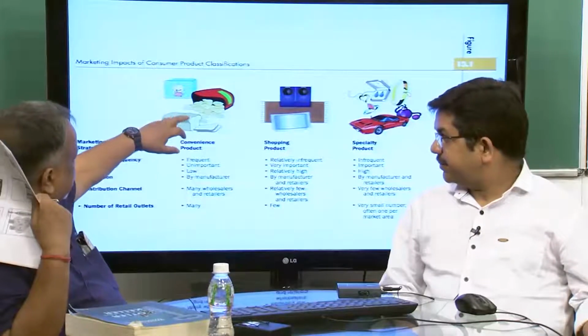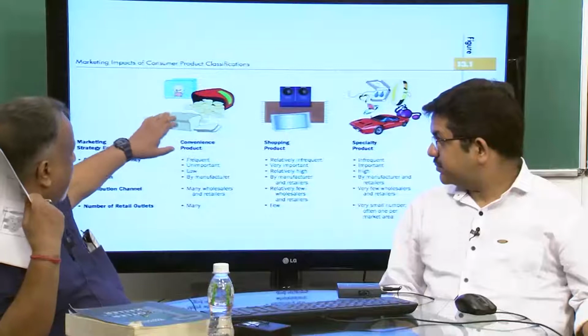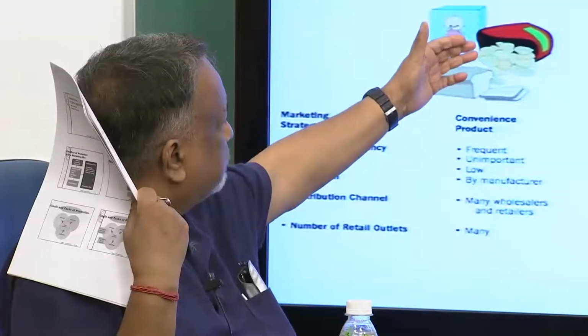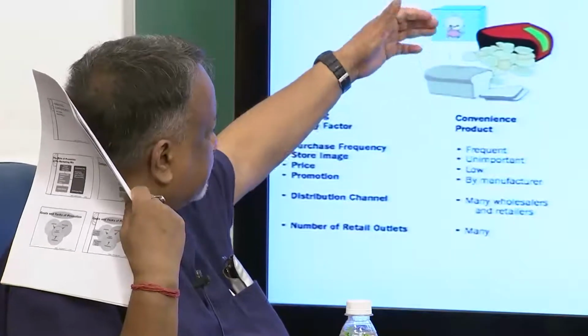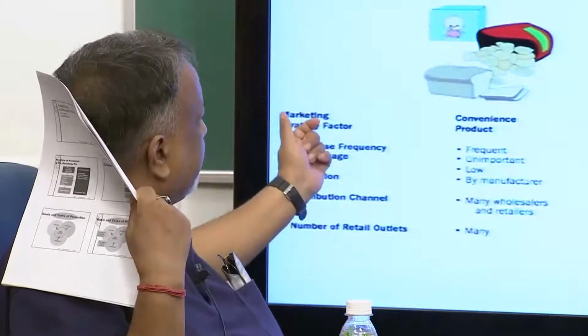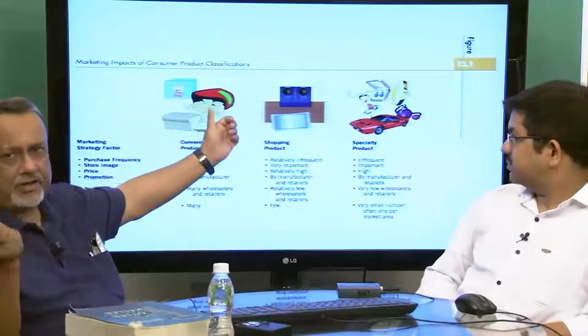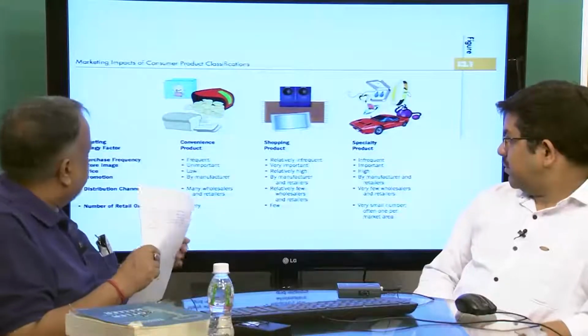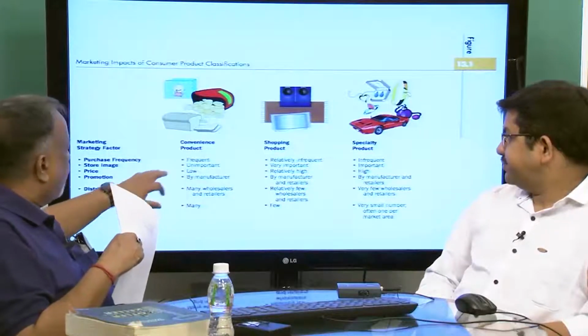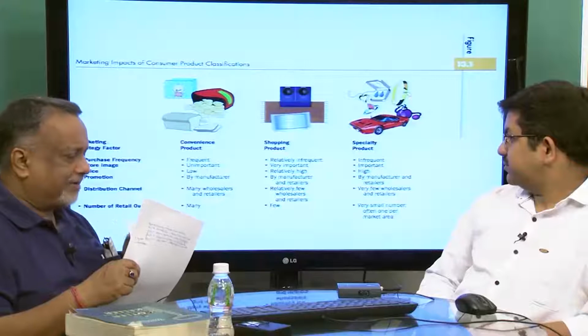So, convenience products, as the picture shows, are things like bread or atta or rice or chips or wafers or other snacks or other food and beverage products. These are products needed for our daily use. So, obviously, we will be purchasing them frequently. The store image here is not that important.